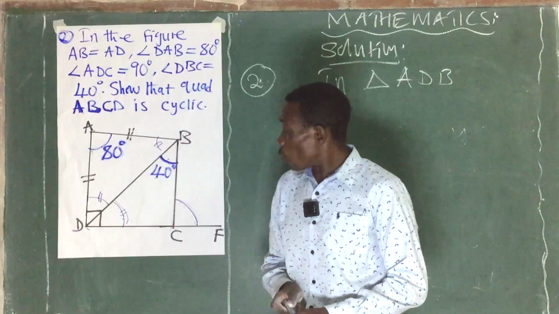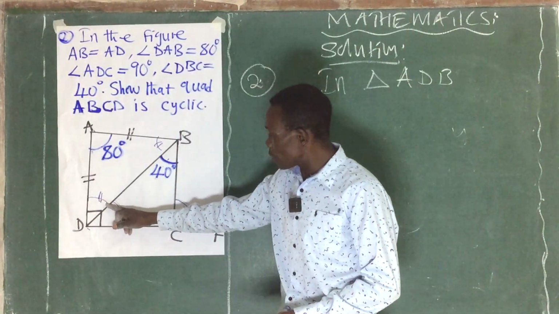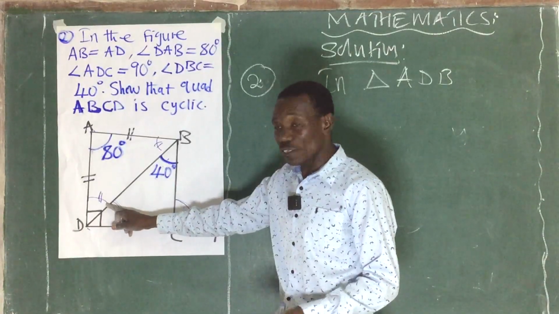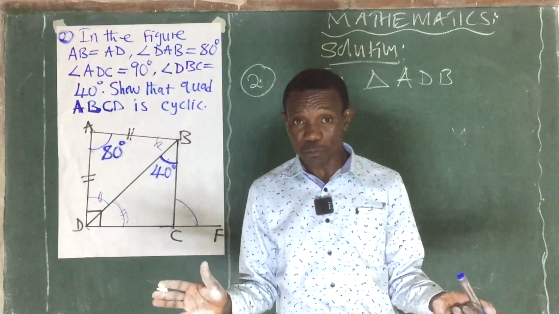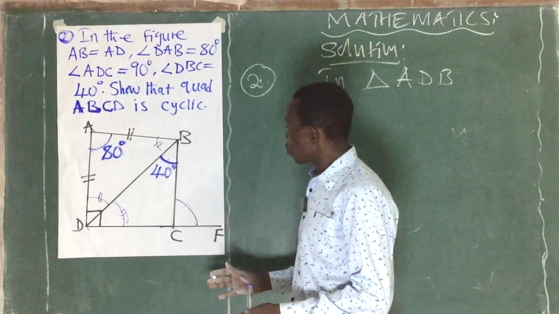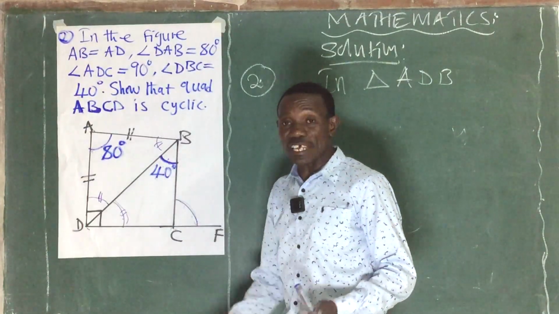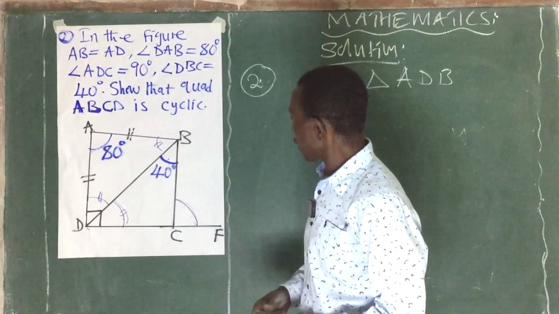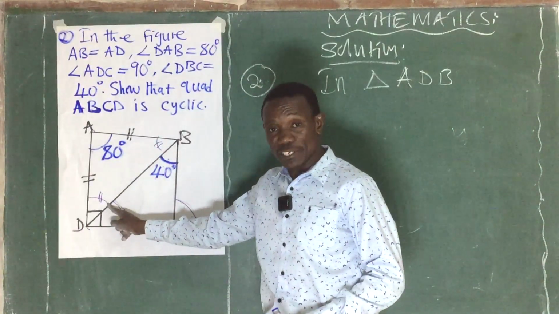So, if that's the case, if I'm targeting finding the value of this angle, what I have to do is just consider the sum of the angles of a triangle. That can help us to work out the values of angles in that triangle. So here it'd be like angle 80 plus this one plus that one is 180 degrees.